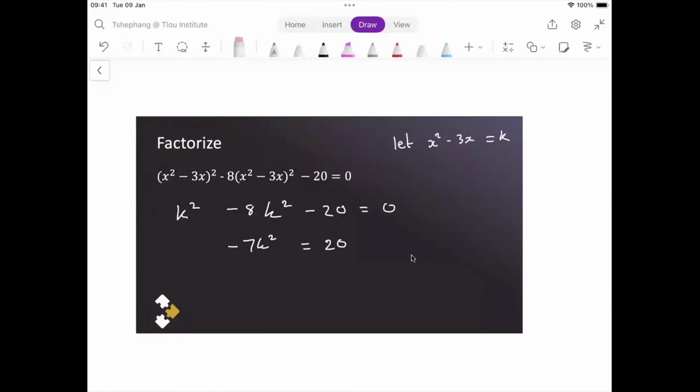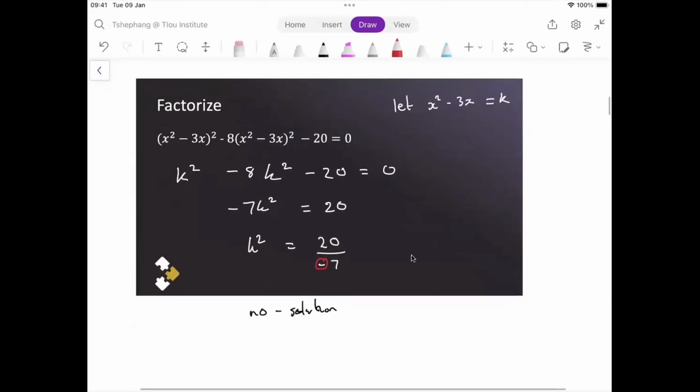Let's erase that. Then we can solve. So this is going to be k squared is equal to 20 over negative 7. Now we know that we're going to have no solution here only because we have a negative, and the square root of a negative is going to give us no solution, right?